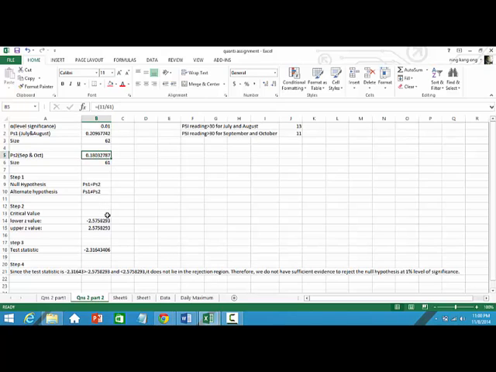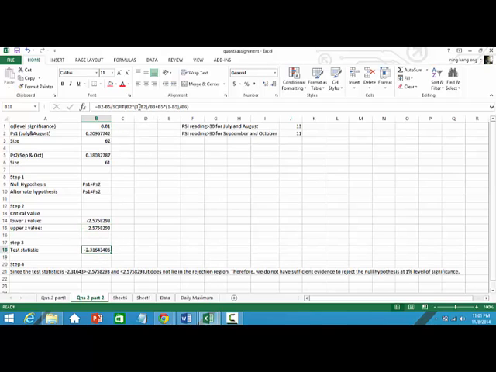So in order to prove it, you have to find the critical value, which is the lower z value, by using NORM.S.INV of 0.005, as Excel reads the graph from the left. So we do the same thing for the upper z value, and use 0.995 to get the upper value.